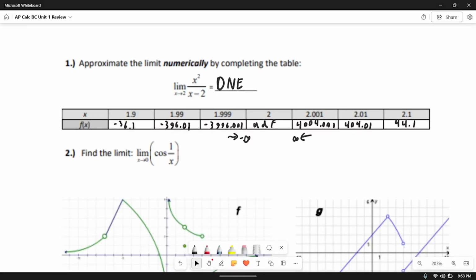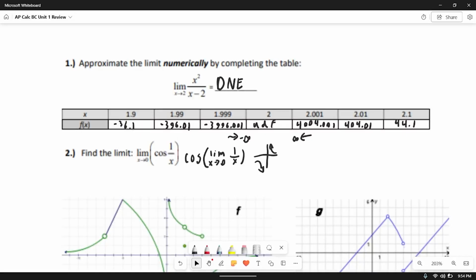Alright, for this one, what I would do is take out the cosine, because we know cosine is continuous, so you can just take it out and then do the limit as x approaches 0 of 1 over x. And you probably know what 1 over x looks like. It looks like this. So you can see that the limit as x approaches 0 doesn't exist, right? Because this is approaching negative infinity and this is approaching positive infinity.